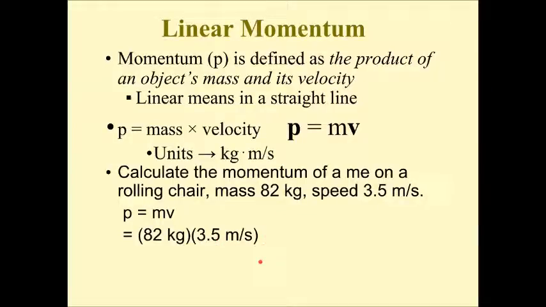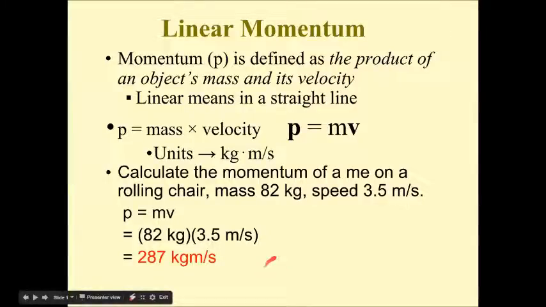Do that product, and it's 287 kilogram meters per second. Okay, so maybe that's to help you get a reference. You can just imagine me in a rolling chair going 3.5 meters per second, which is actually pretty fast. But you get an idea of what momentum is all about.